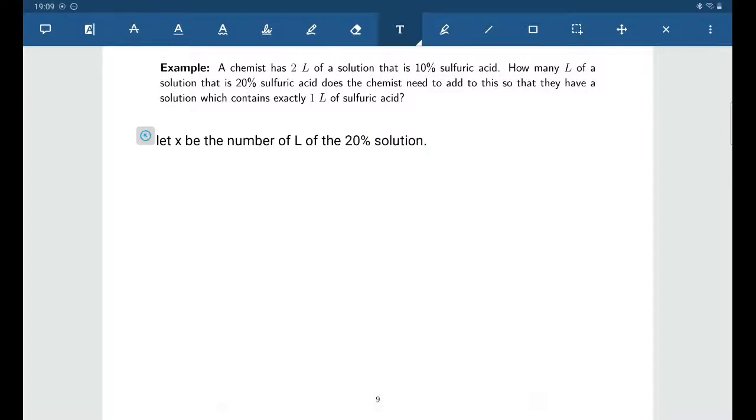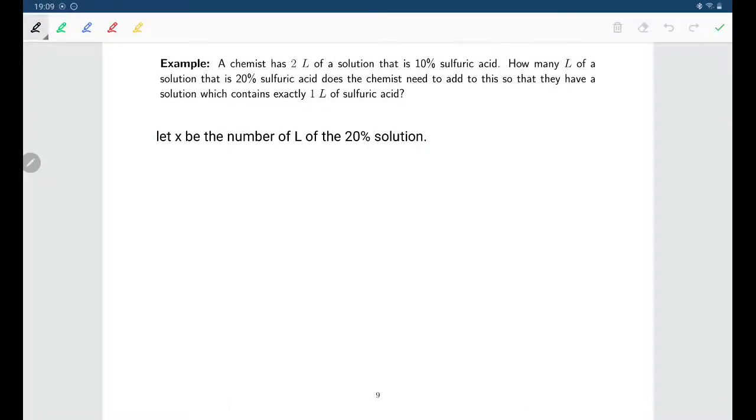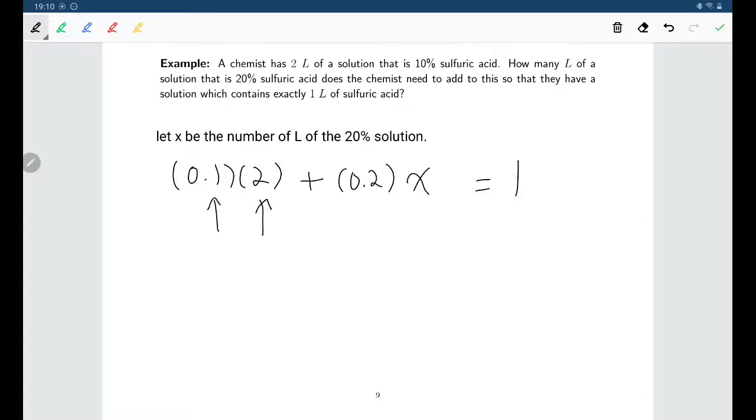And one thing that we said at the beginning was we want to have 1 liter of sulfuric acid at the end. We have 10% of the 2 liter solution. We're going to have 20% of the x liters, that's the 20% solution, and together the amount of acid that we want to have is 1 liter in total. So we have 2 liters of solution, 10% of that is acid, which means you really have 0.2 liters of acid.